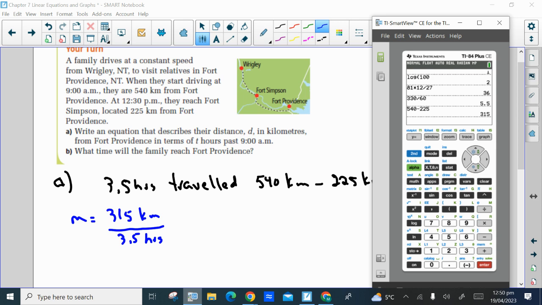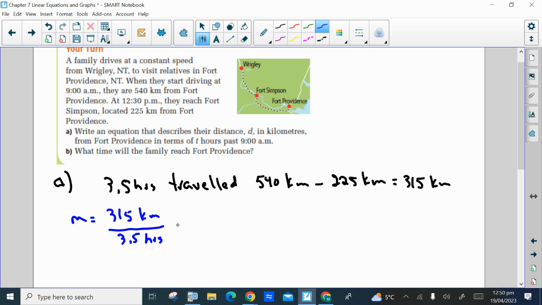If we take our calculator and divide those, 315 divided by 3.5, that'll give us their speed in kilometers per hour. Because it's kilometers on top and hours on the bottom, that's where we get kilometers per hour from. So that is their rate of change. That's their speed. That's m, the slope.